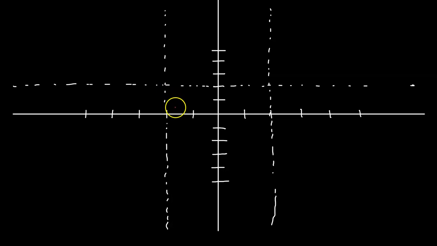We had x-intercepts at negative 3, 0 and positive 3, 0. We had a y-intercept at 0, 9 over 2, which is the same thing as 4.5.